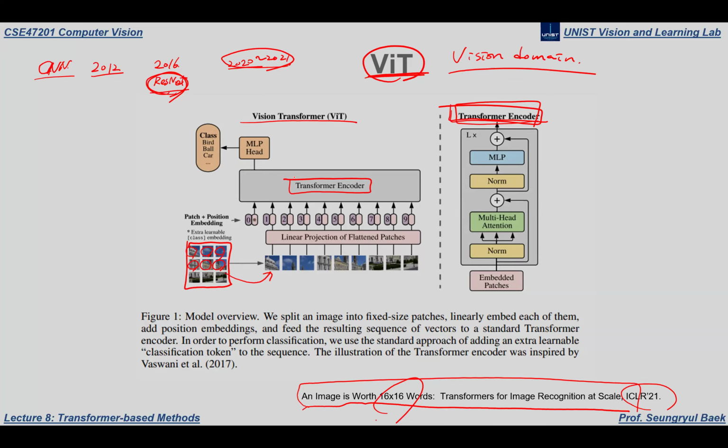And also here, the objective of the Vision Transformer is image classification. Okay, so for image classification, we just estimate one probability vector for the whole image. Okay, this is the simplest form of vision application.